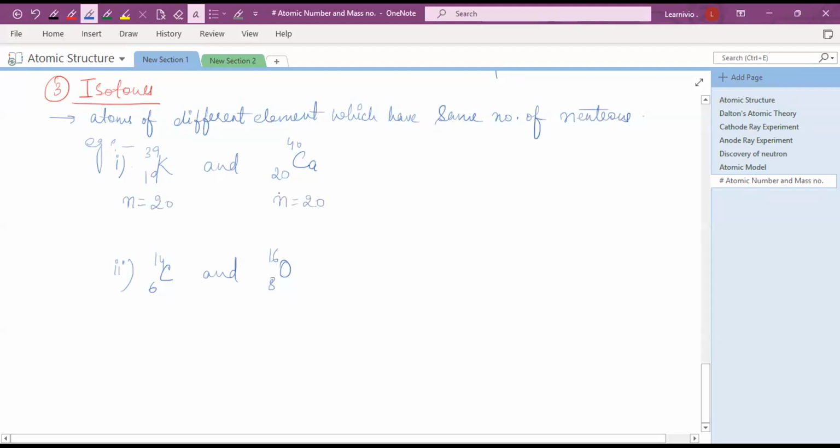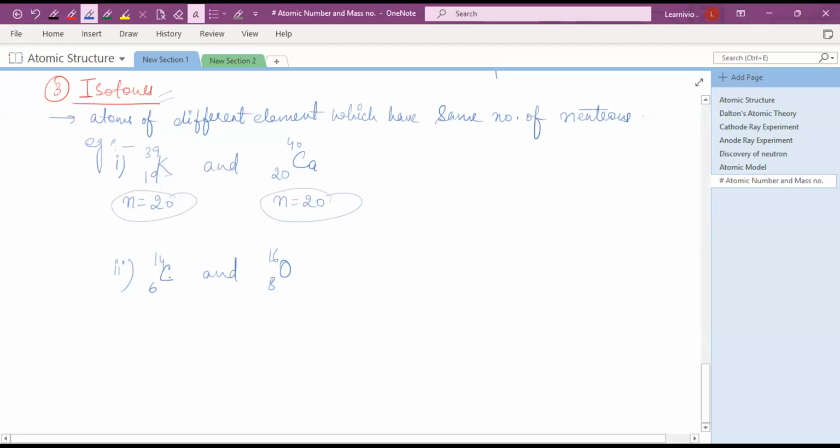So you can see that these are the atoms of different elements. This is potassium, this is calcium, but they have the same number of neutrons, means they are isotones with each other. If someone asks you, give some example of isotones, so you can give that example.